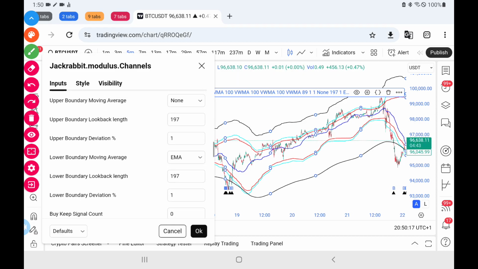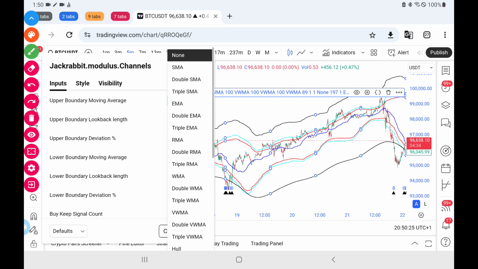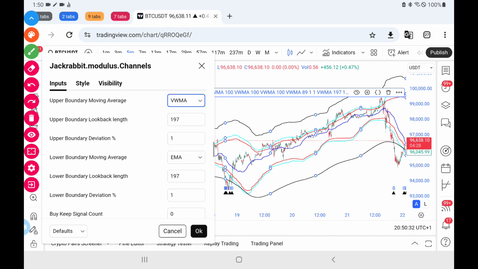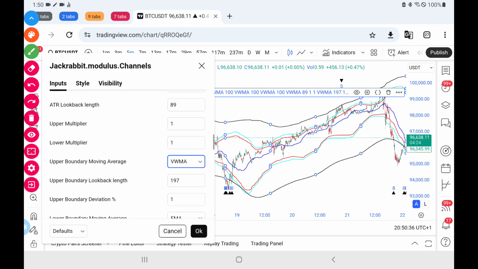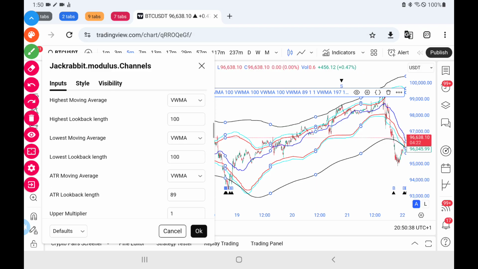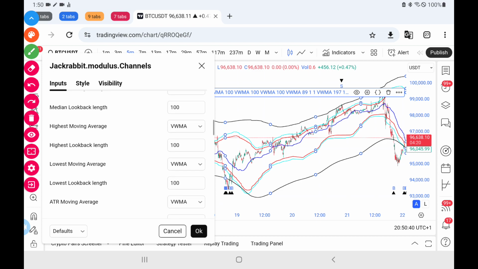Okay, let's change our upper boundary to a volume weighted. And let's change our upper highest high to no moving average.